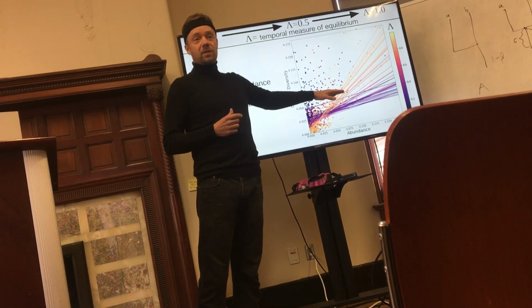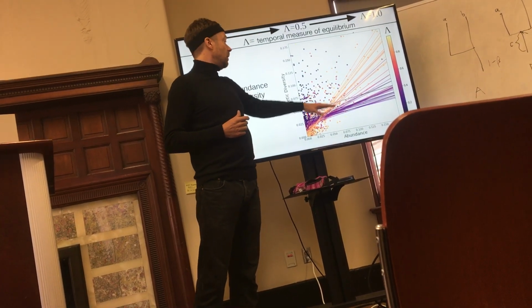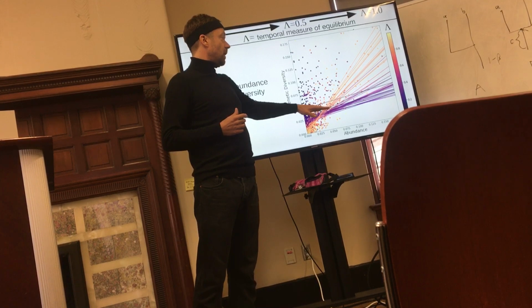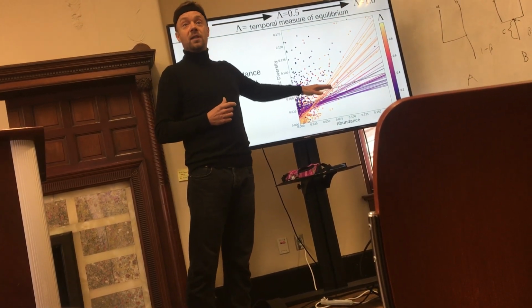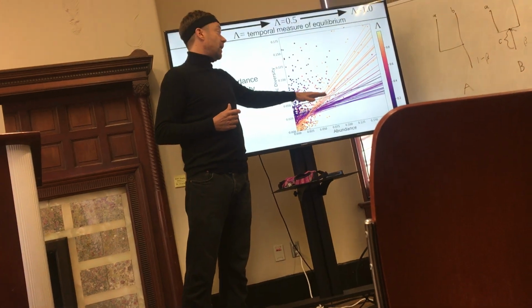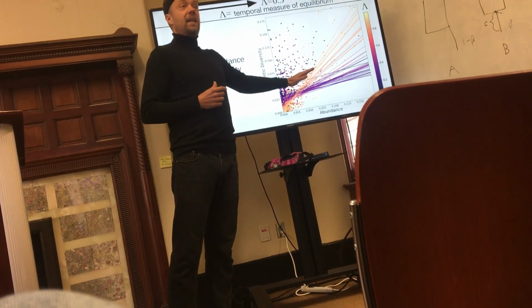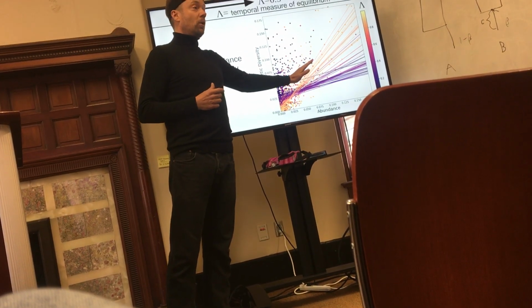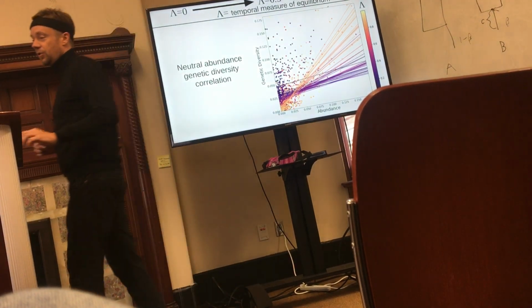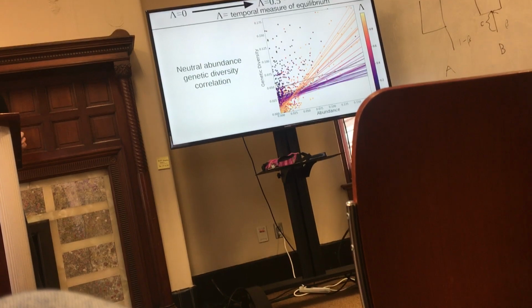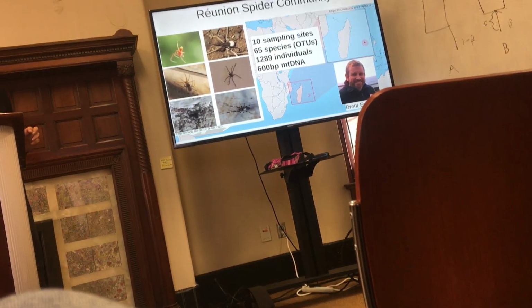Each of these lines is a regression from a simulation, and the darker the line is, the younger the community is. What you can see is that as the community ages, the correlation between abundance and genetic diversity increases, which I think is an interesting result.